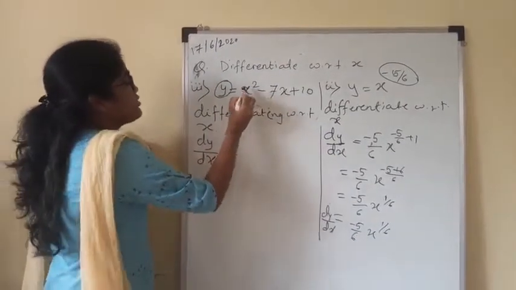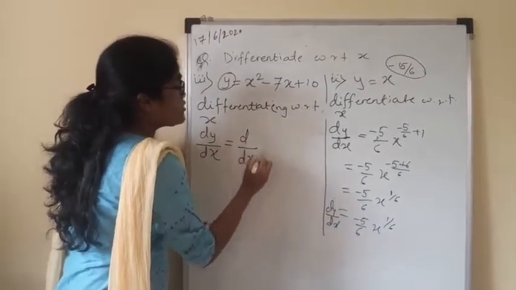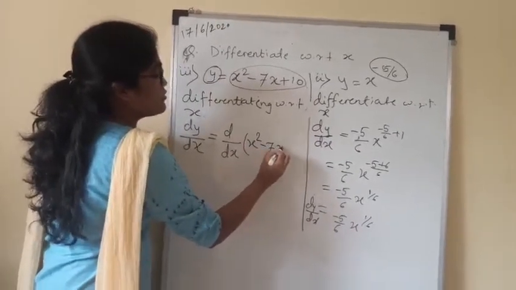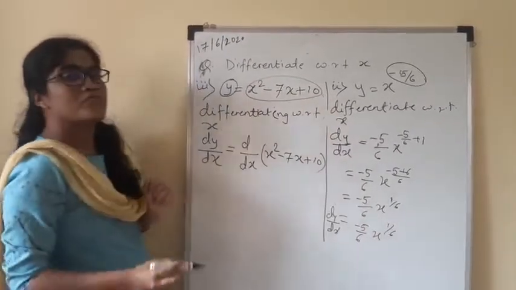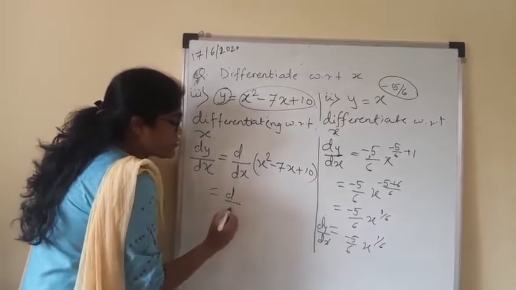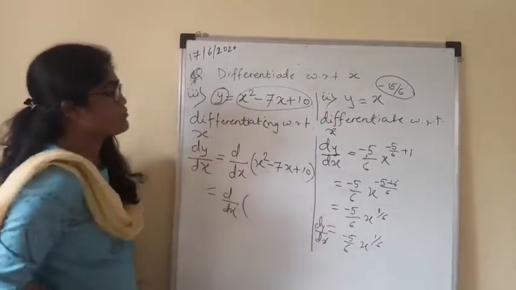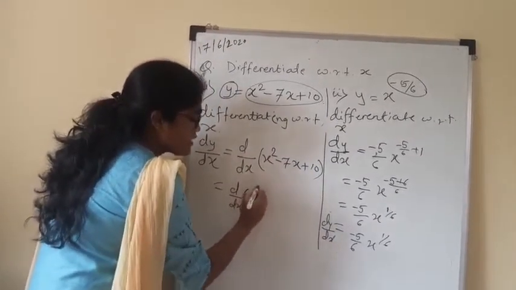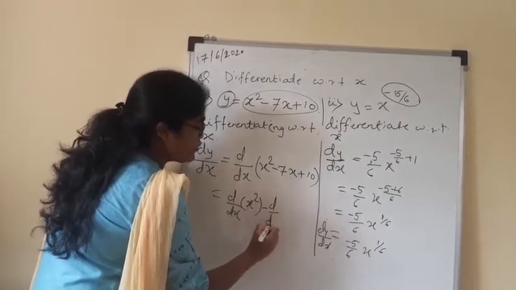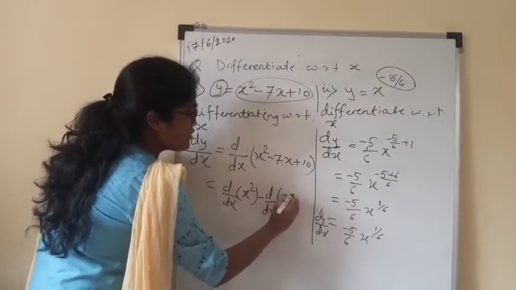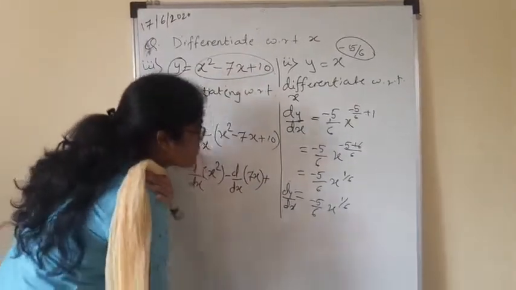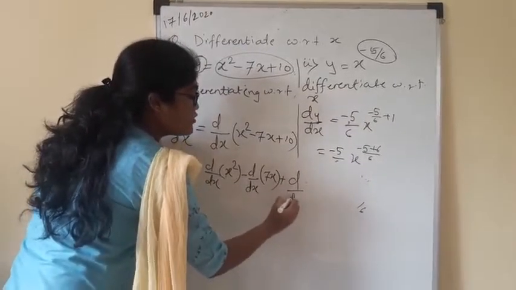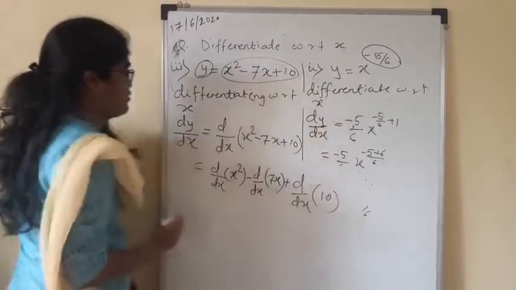d by dx of this whole function, which means we are going to take the derivative of this whole function. So d by dx of x square minus d by dx of 7x plus d by dx of 10.